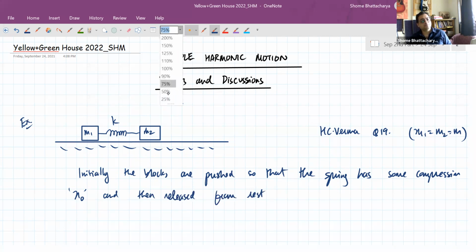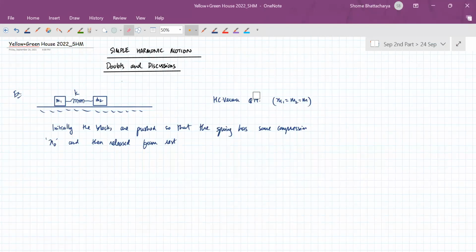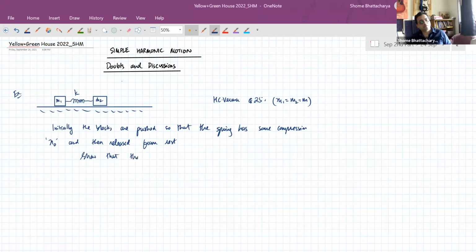You have to show that they perform SHM. Question 25, is it? Show that the blocks perform simple harmonic motion and find their time period, amplitude, all these things.